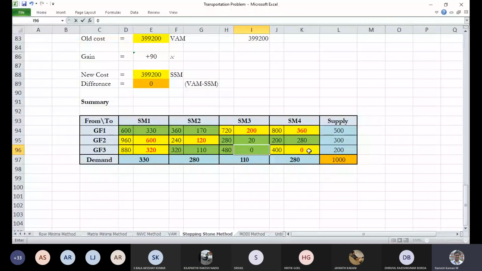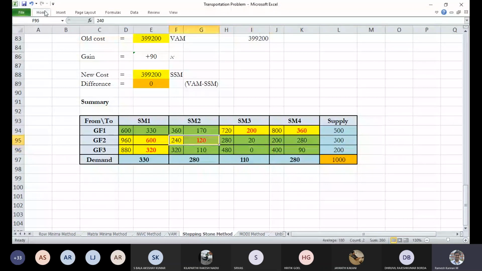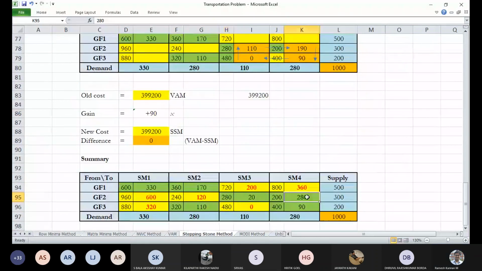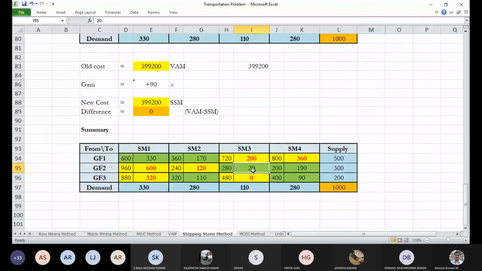This is how we got it after the stepping stone method. So this will become 0 and 480, but this is in equilibrium. So 110 plus 90 is 200 and 280, something like that. This is 190 and this will become 110. So this is the output of the stepping stone method, right?